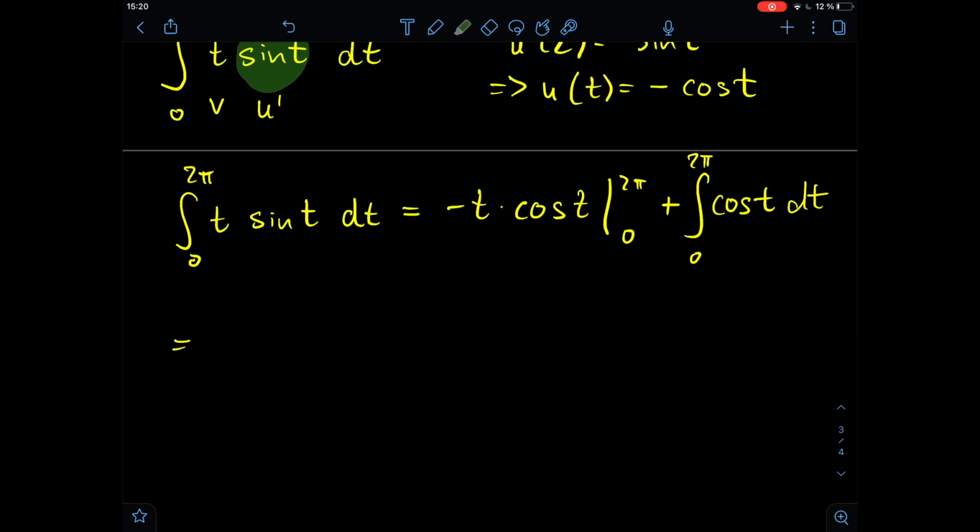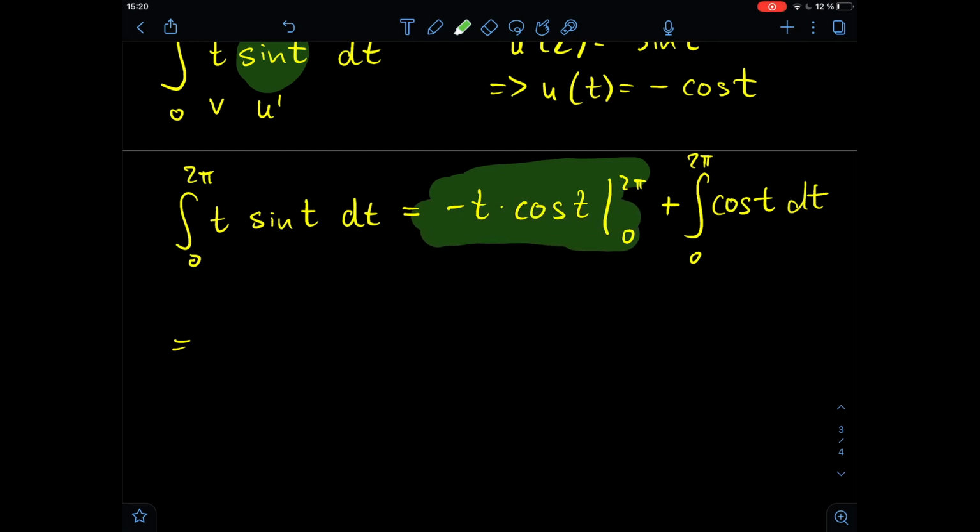So let's evaluate first this here. We plug in 2 pi and we plug in 0. If we plug in 2 pi, then we will get 1 for the cosine, and we will get minus 2 pi for plugging it into the t. So we have minus 2 pi. And if we plug in the 0, we will get a 0 just for plugging it into the t. So we are staying with the minus 2 pi.